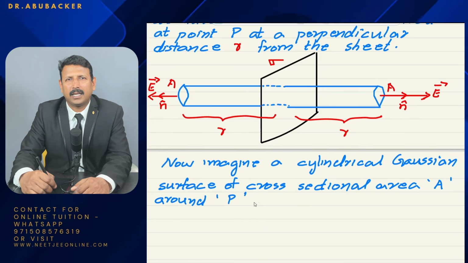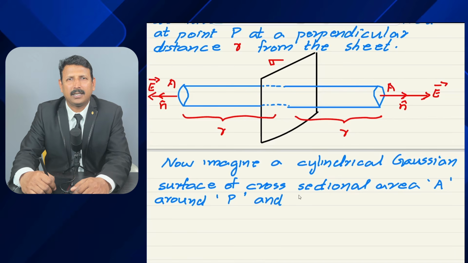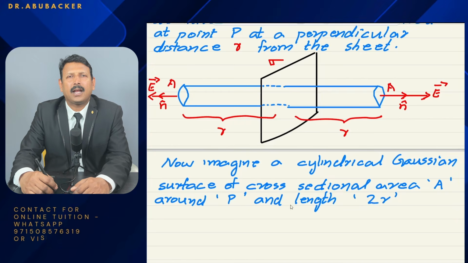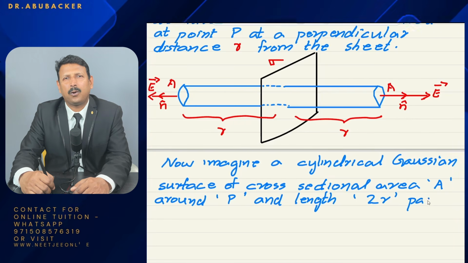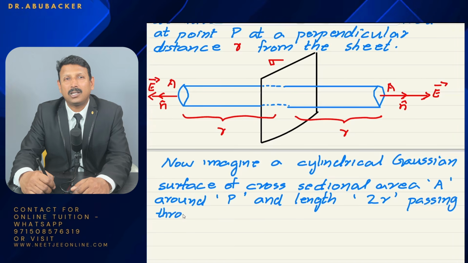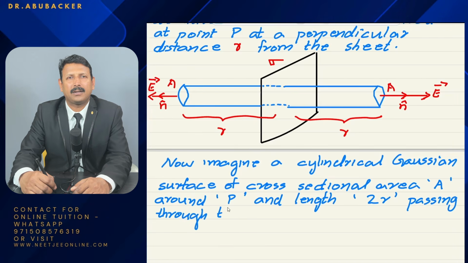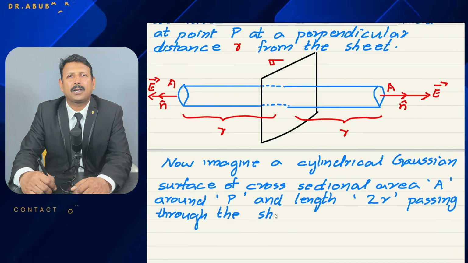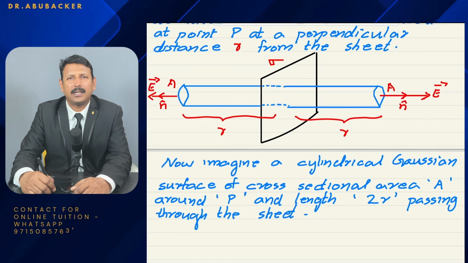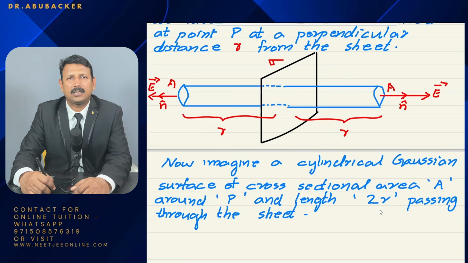One imaginary cylindrical surface is considered, and the cross-sectional area of that cylinder is capital A. That is around the point P. Point P is the place where the end of the cylinder is. And the length of the cylinder from left to right is r plus r, that is 2r, passing through the sheet.